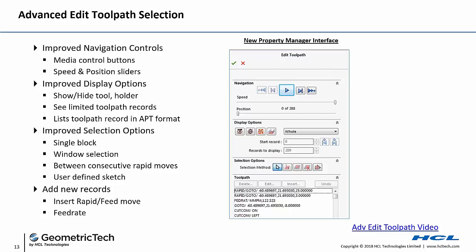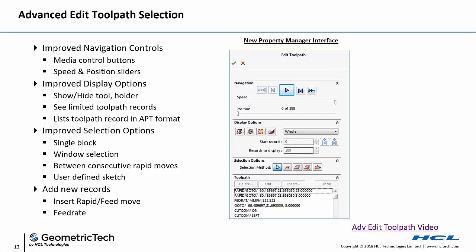It's on the right-click menu. So once you create an operation with some toolpath on it, you can then right-click on it and select the advanced edit toolpath. And you can see where we've built this whole new interface into the property manager now, and we're moving more and more of the user interface, of course, into the SolidWorks property manager. And so this is just a great new enhancement.